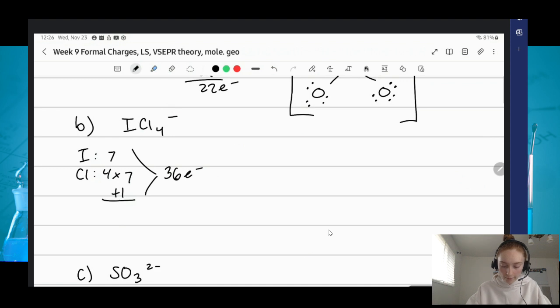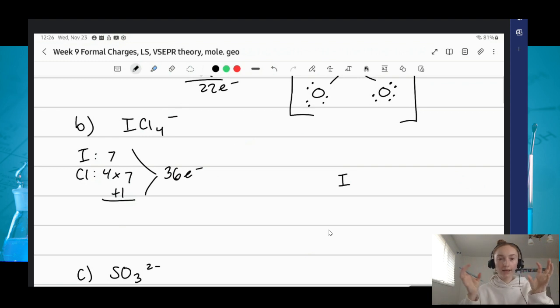Just as before, the iodine is located first, so it's going to be in the center, and the 4 chlorine are going to bond to it. So let's write that down. We don't need to write down what each of these singular ones look like here, because we know that the chlorine will all bond to the iodine.